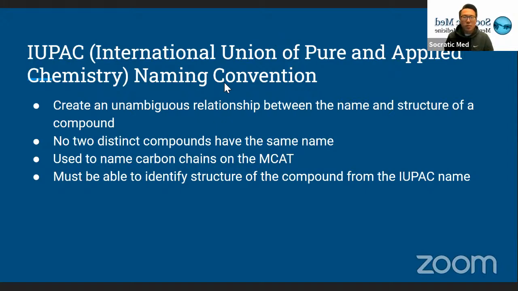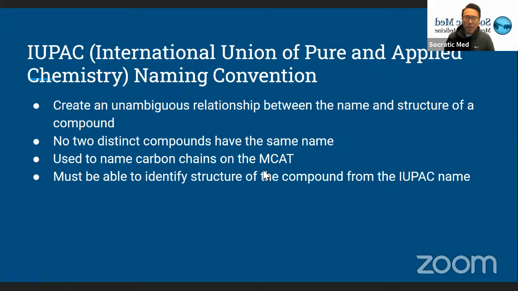They use this system because it creates an unambiguous relationship between the name and the structure of a compound. That means each specific compound has a specific name, and no two distinct compounds have the same name. So each name of a compound relates to a specific compound.